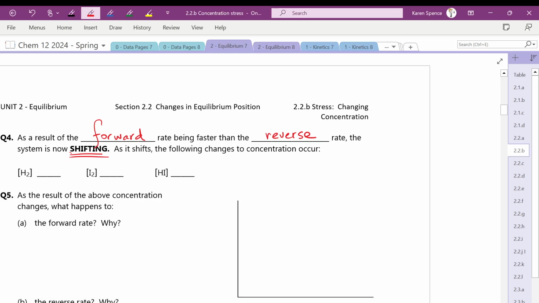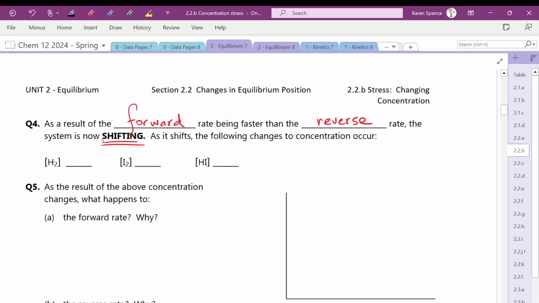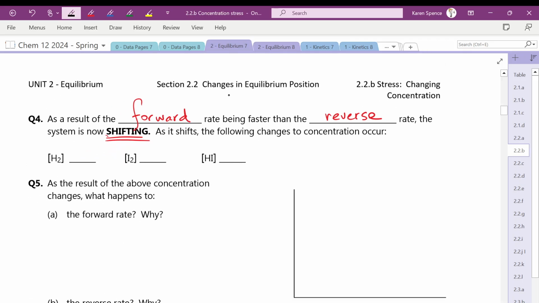As it shifts, what happens to the concentrations? And remember, this is our equation, H2 plus I2. I should have written this up above because I'd have more room. Let's try that again.